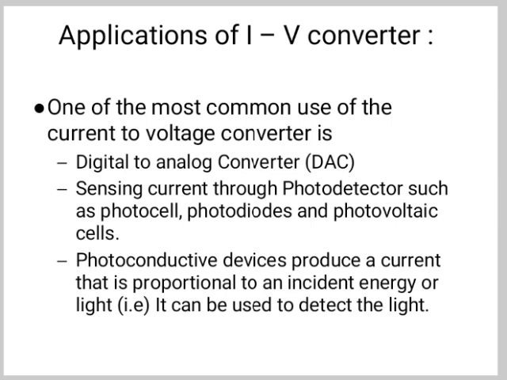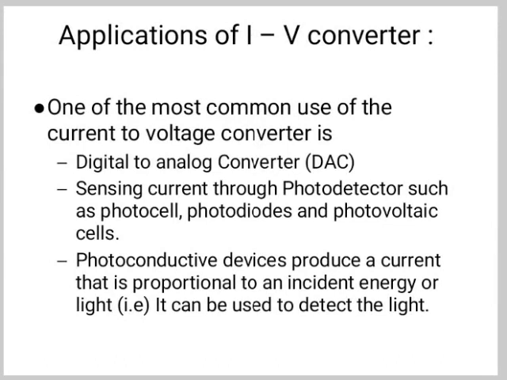Since no current enters the inverting input terminal, all of the input current flows through the feedback resistor on its way to the output node. The non-inverting input terminal is connected to the ground. Therefore, we can assume that the inverting input terminal is also at ground. So one side of the feedback resistor is virtual ground and the other side is connected to Vout, and Ohm's law tells us that the magnitude of the output voltage is equal to the input current times the feedback resistor.